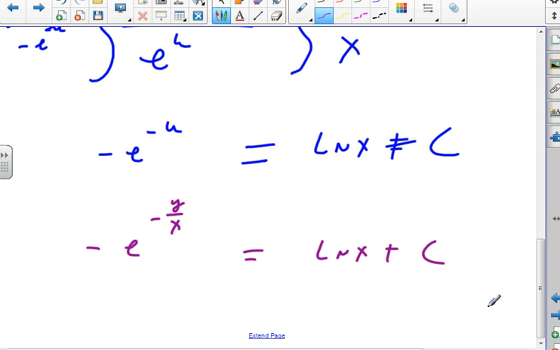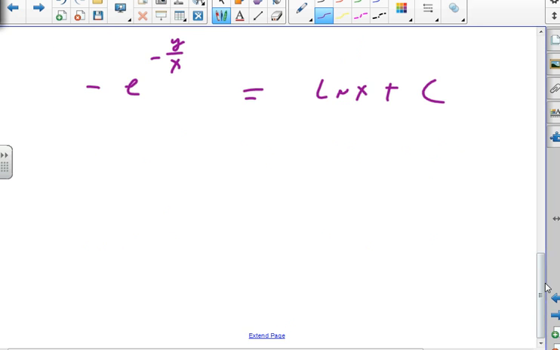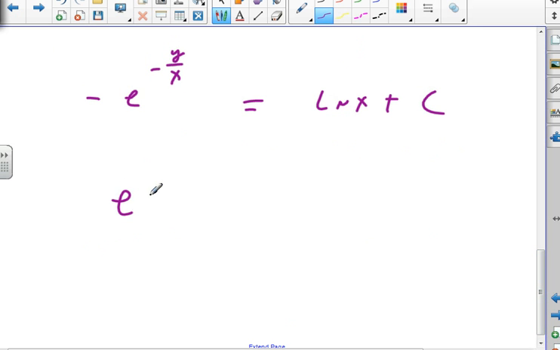Y is minus x natural log of c minus x. Okay, so we're there. We got it right. That's all that matters. Okay, we're going to change this to e to the minus y over x is equal to c minus natural log x.